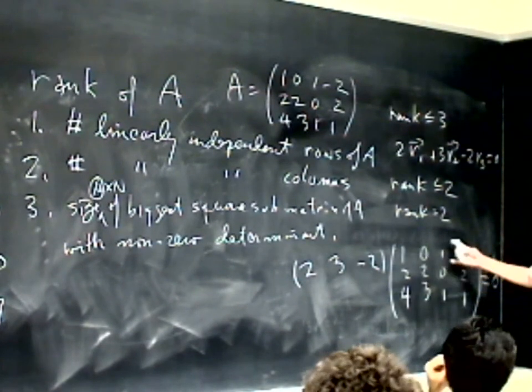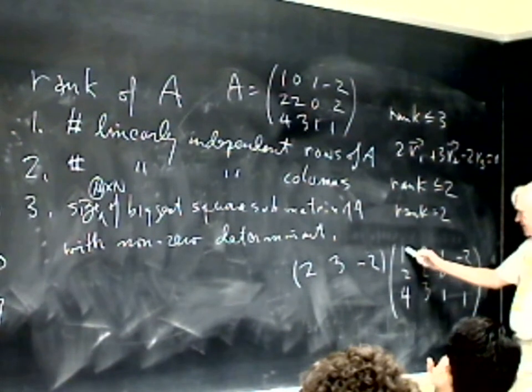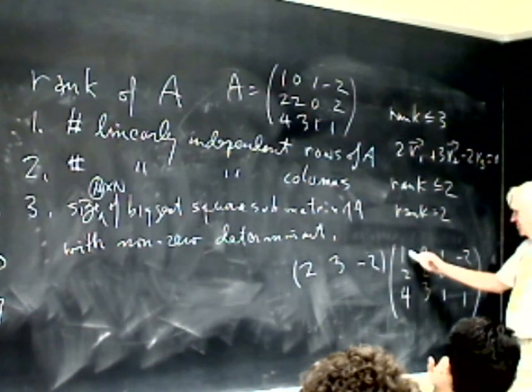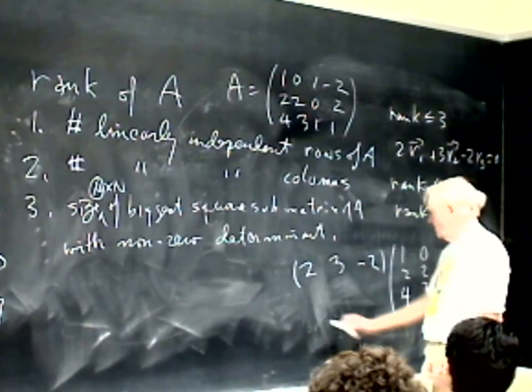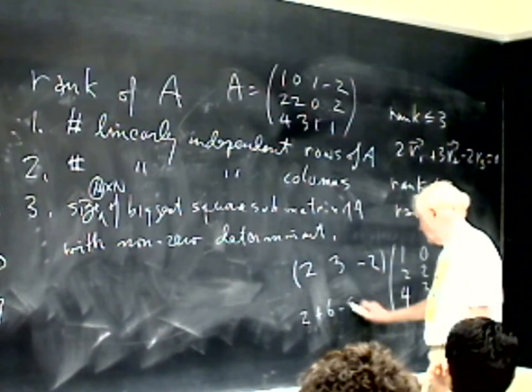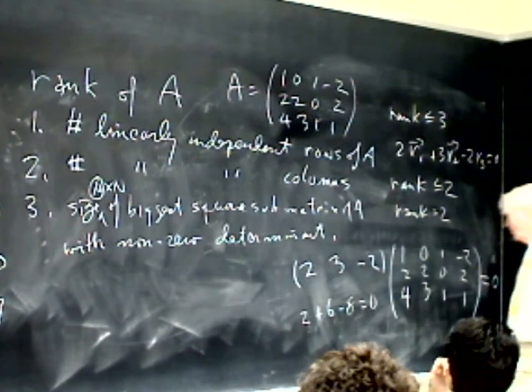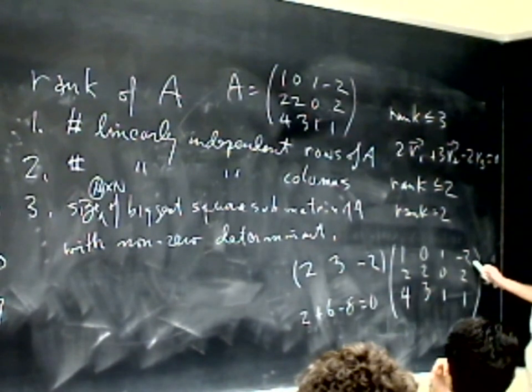You see, certainly this column is mapped into 0. Let me do the first column. This would be 2 plus 6 minus 8 equals 0. Yes, okay. And that one also goes to 0.